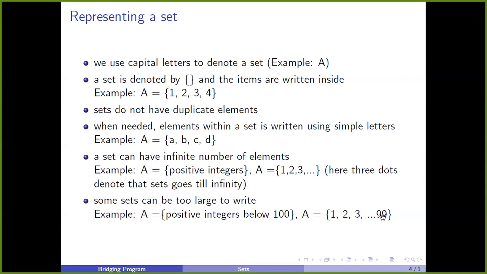This says it stops at 99. If you compare these two, in the earlier case I put a comma and three dots with no end, which means it goes until infinity. Here I put three dots and give the last value. So you should read this as the same pattern repeating until you come to 99, and then it stops.